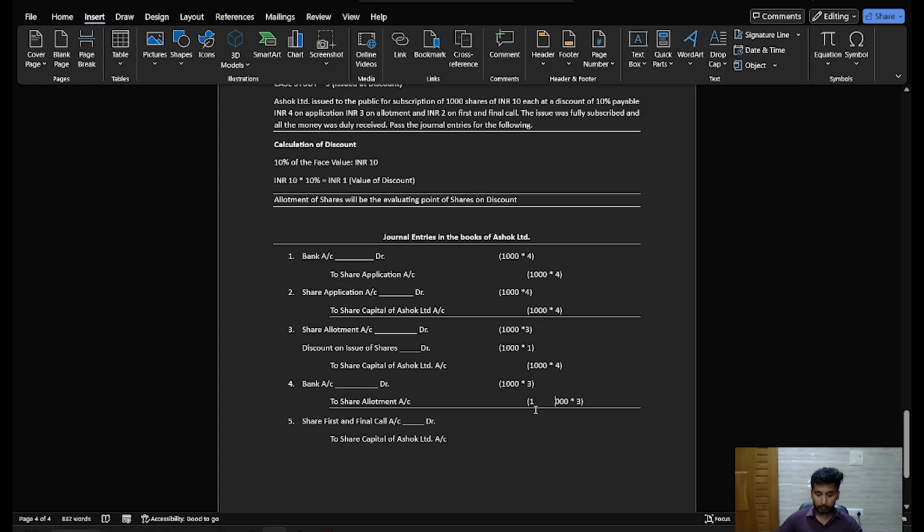And hence it will be 1000 multiplied by the amount on the first and final call, that is rupees 2. So 1000 into rupees 2 and 1000 into rupees 2.